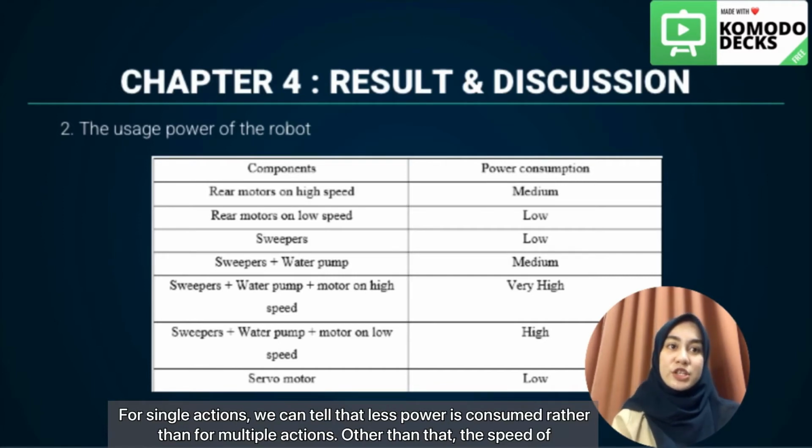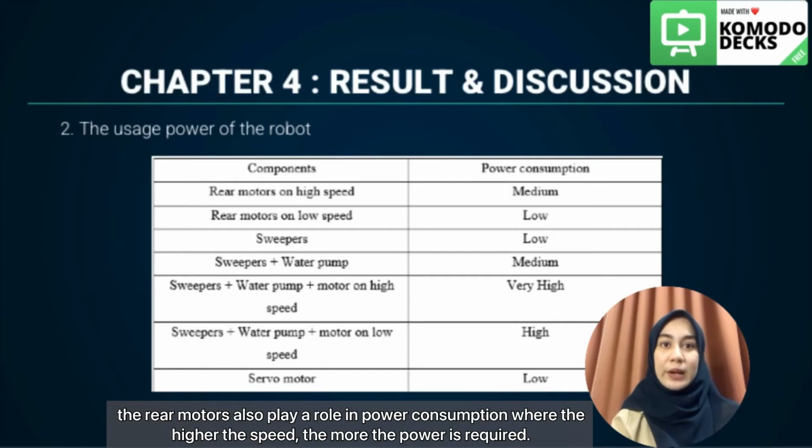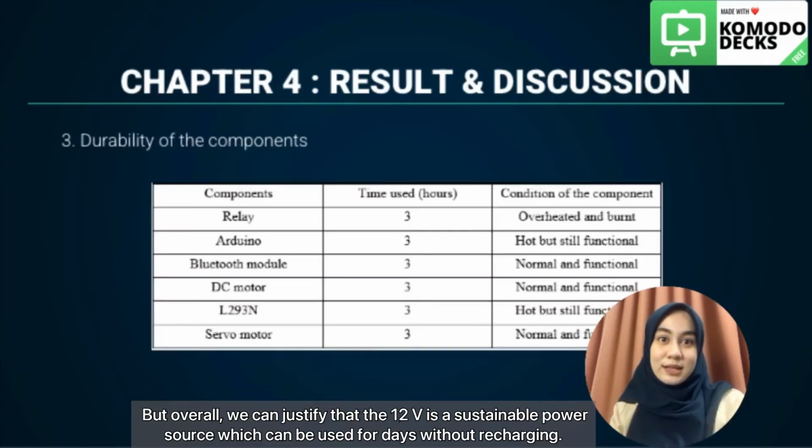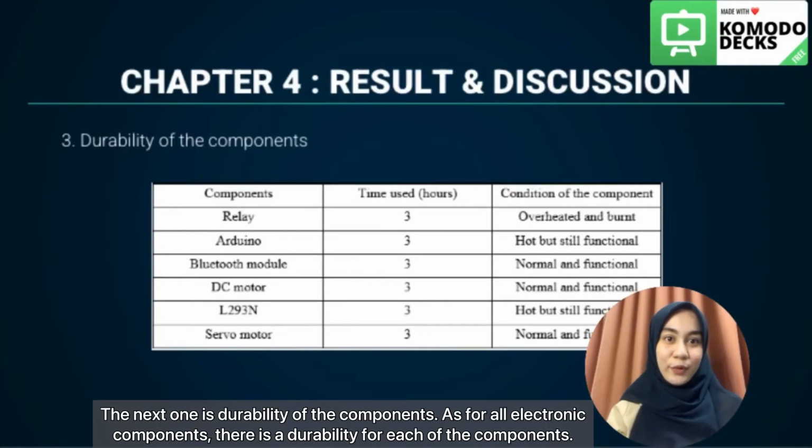Other than that, the speed of the rear motors also plays a role in power consumption, where the higher the speed, the more power is required. But overall, we can justify that the 12-volt battery is a sustainable power source which can be used for days without recharging.